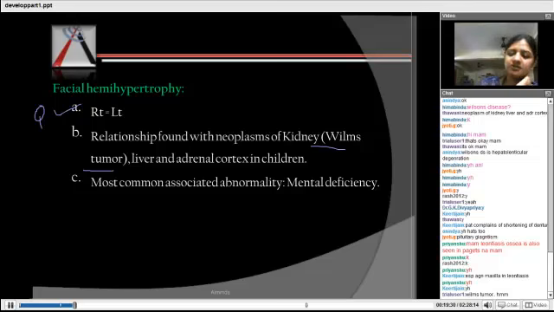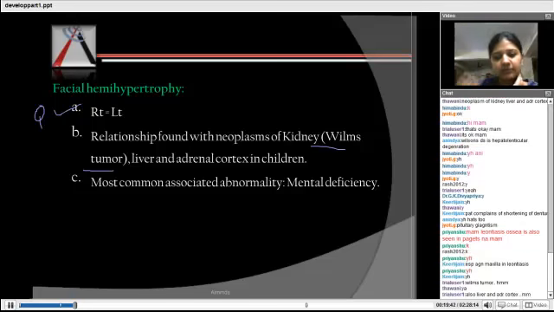So here what we are trying to understand is that facial hemihypertrophy has an association with a lot of systemic conditions in the body. In these systemic conditions, what are the organs involved? We can have kidney. When it is involving kidney, an important tumor associated is Wilms tumor, and other organs like liver and adrenal cortex. Then you also have mental deficiency in these patients. So just 3 points that you have to remember.